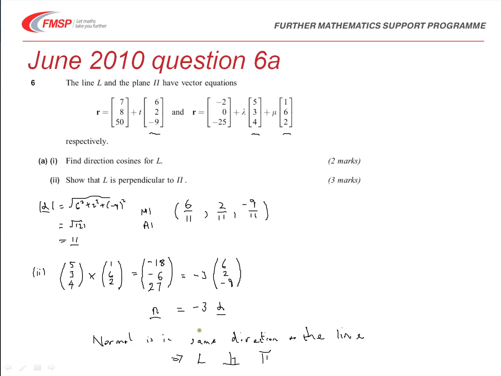In part 2, again, for an appropriate method, whether it's using the cross product or using the dot product on both parts of the plane, with the vectors contained within that plane, you'll get a method mark and then an accuracy mark for finding the connection between the normal and the direction, and then for a statement showing that you understand why this shows that it's perpendicular, you will also be given a mark.